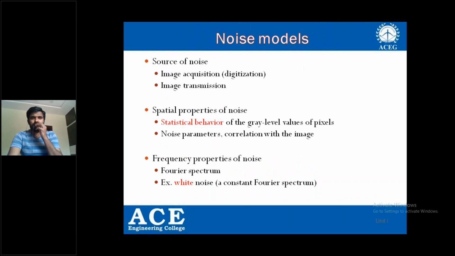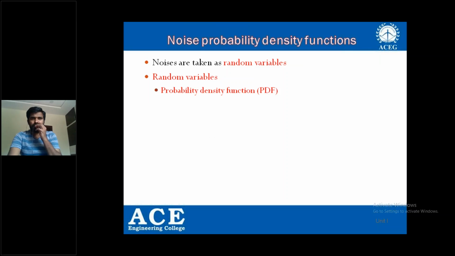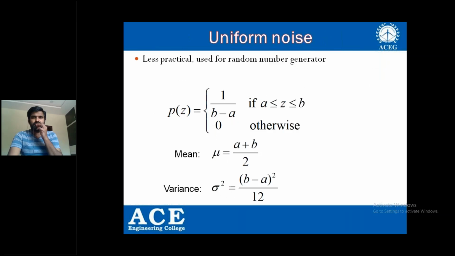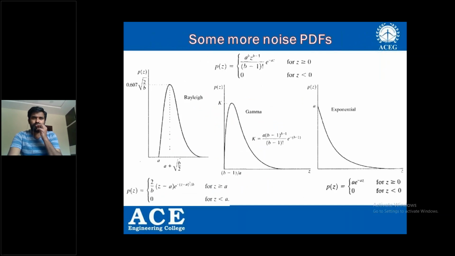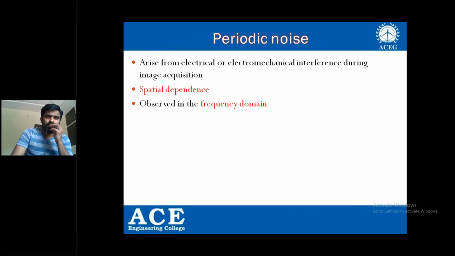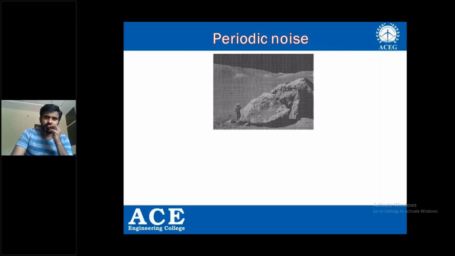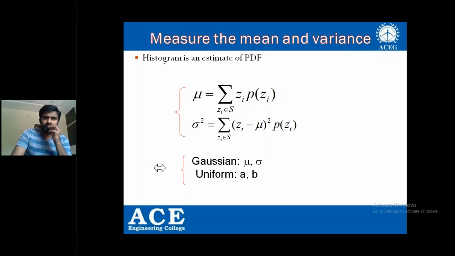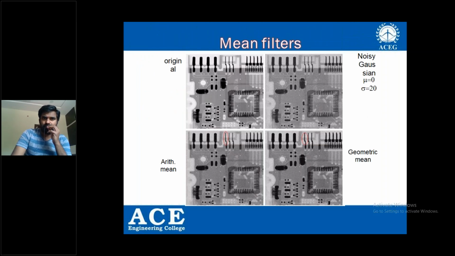In the last class we saw different noise models and their PDFs, density function representations, and also periodic noise and the estimation of noise parameters.